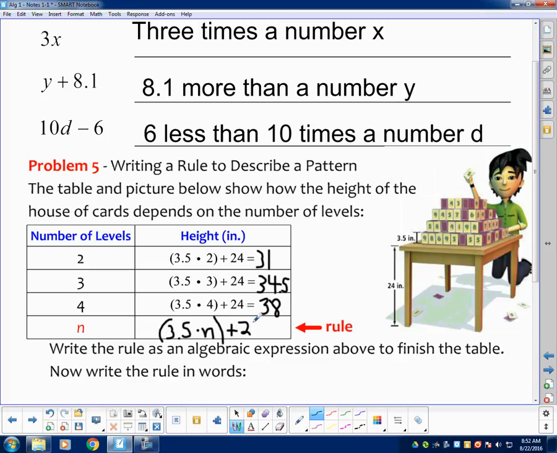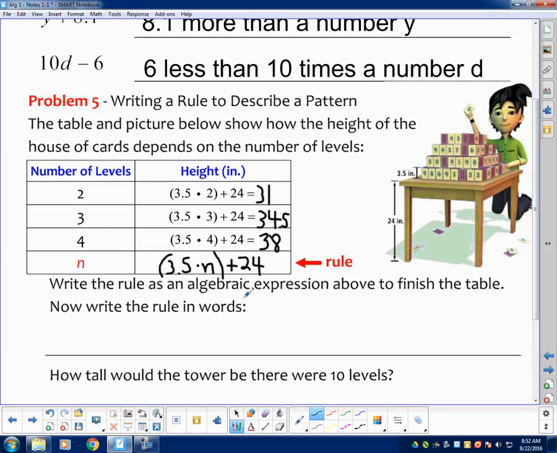So it's called an algebraic expression. Set it equal to y, that would be your algebraic equation that would model the height of the cards as you build from one level to the next. So that would be my rule as an algebraic expression to finish the table.